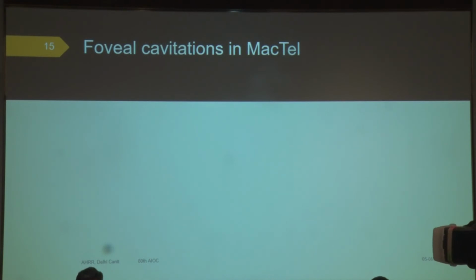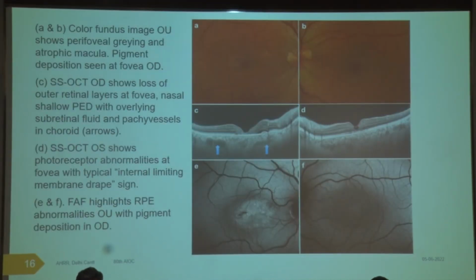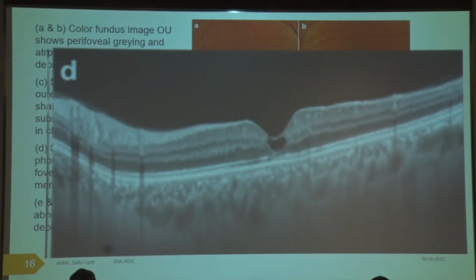Now foveal cavitations in MacTel have to be balanced against what is happening elsewhere in the entire macula. Now the blue pointers show you a small area where a subretinal fluid accumulation has occurred in the area around the disc, while this kind of intraretinal cavitation looking like a very sweet heart is also apparent.